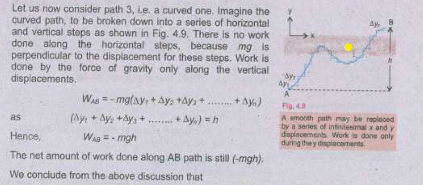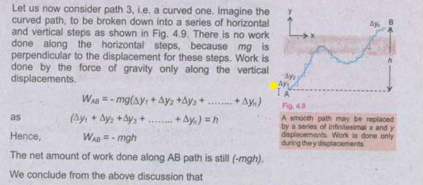Similarly, the work done will be, because the force is downward and we are moving upward by these small intervals, minus mg delta y1 minus mg delta y2 minus mg delta y3 plus so on, up to minus mg delta yn. If we take minus mg common, we get minus mg into (delta y1 plus delta y2 plus so on).